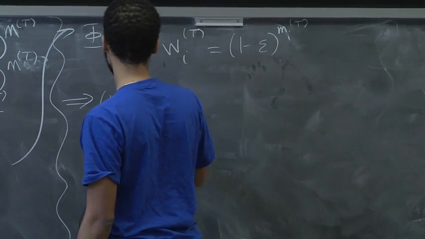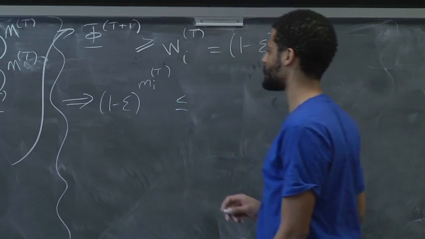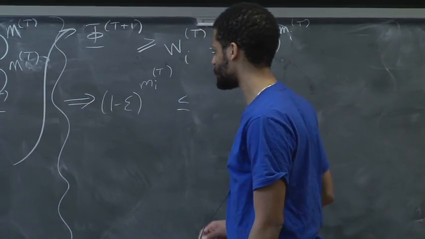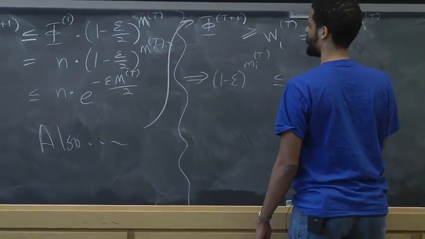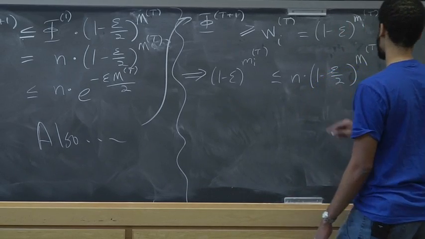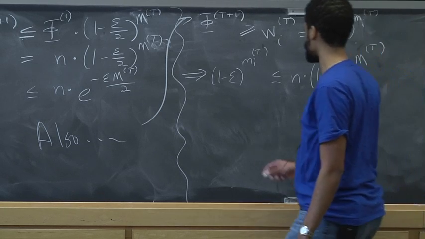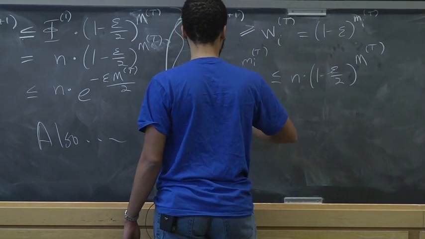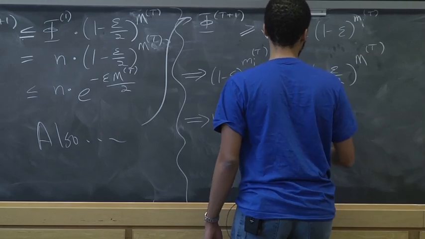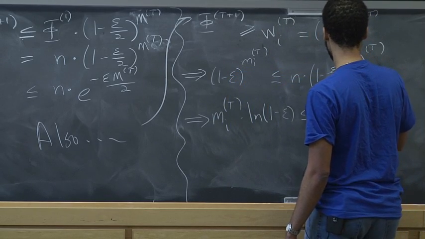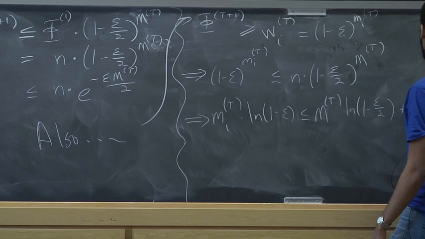So this implies that 1 minus epsilon to the m_i of t is at most n times 1 minus epsilon over 2 to the m of t. And now I'm going to take ln of both sides. Then I get m_i of t times the ln of 1 minus epsilon is at most m of t times ln of 1 minus epsilon over 2 plus ln n.